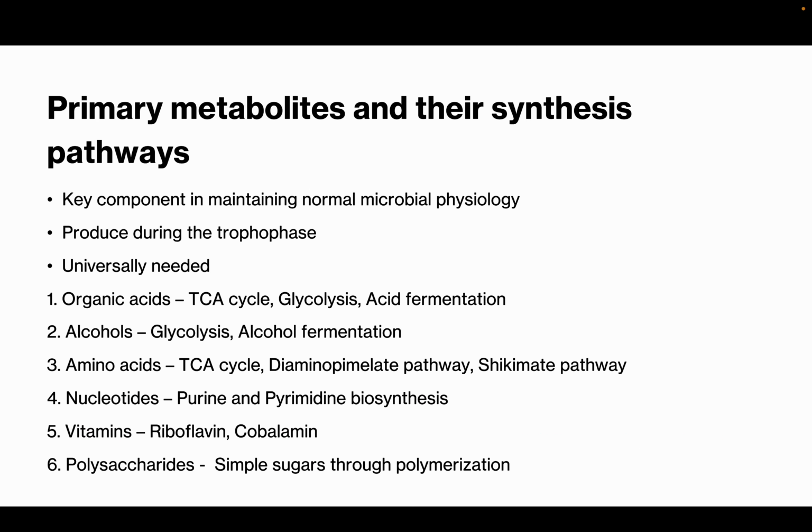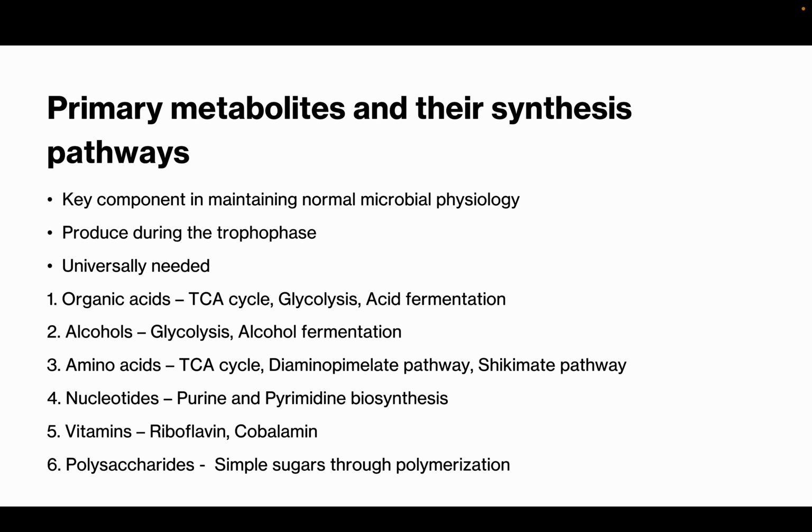Last time, we already introduced key examples of primary metabolites, which are universally needed molecules for microbial organisms to start surviving or to continue surviving in a given environment. And these primary metabolites, we listed a few of them.